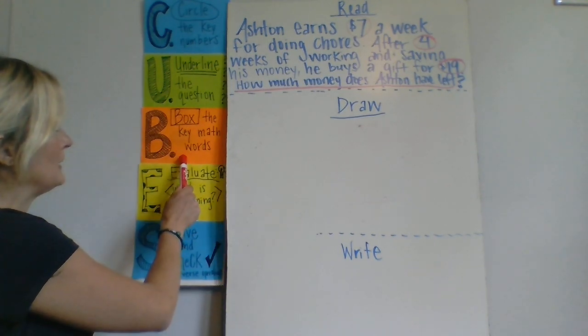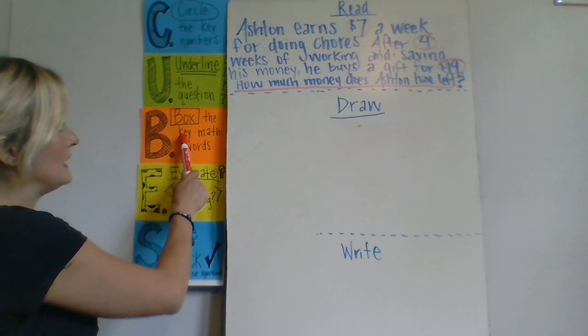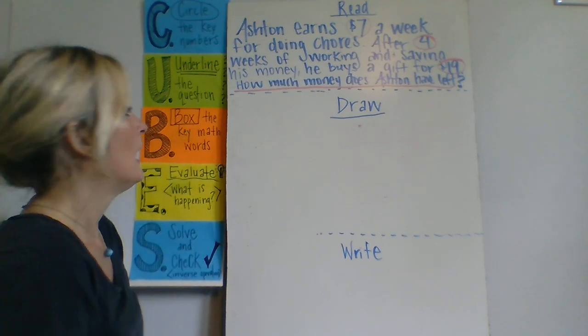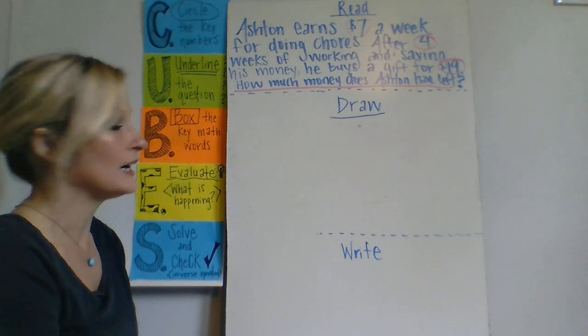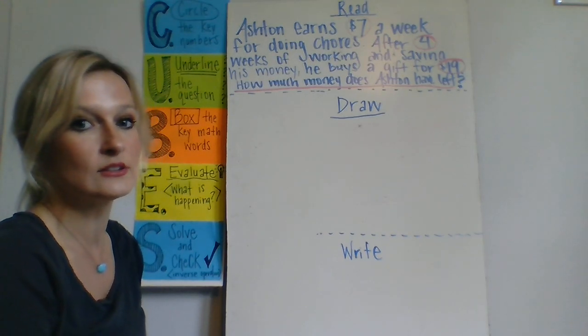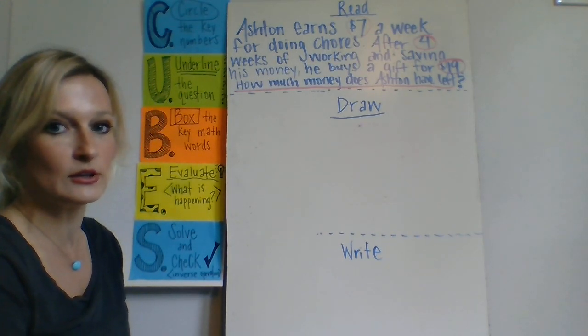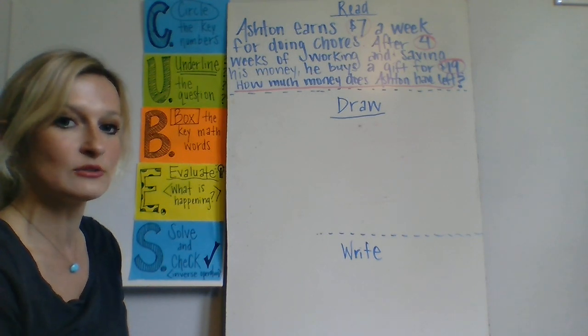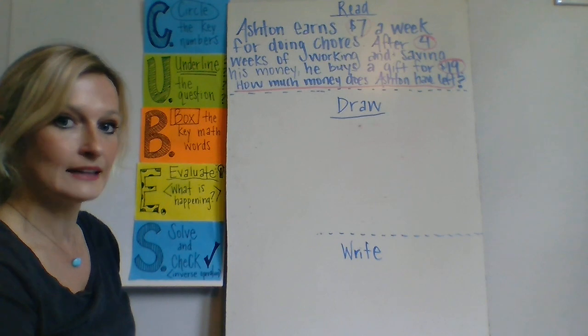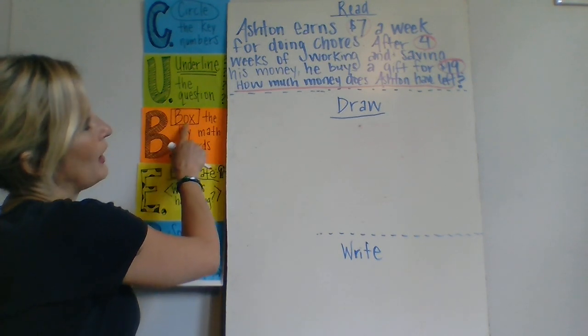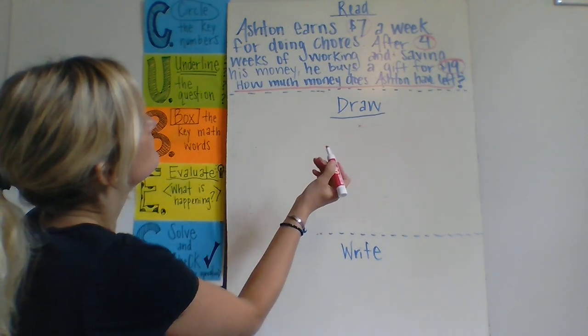Next, B, we're going to box the key math words. If I'm moving a little fast, don't worry. All of our students, 3rd through 5th, are very familiar with this process. I just wanted to remind them to use our strategies that we use in class. So, box the key words.